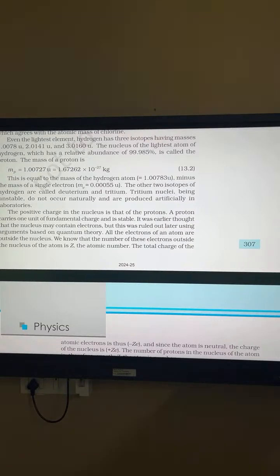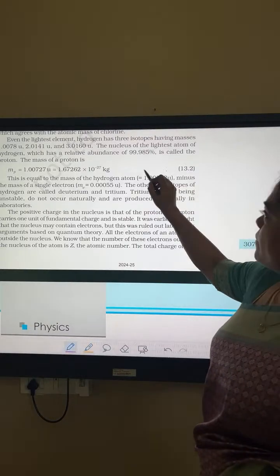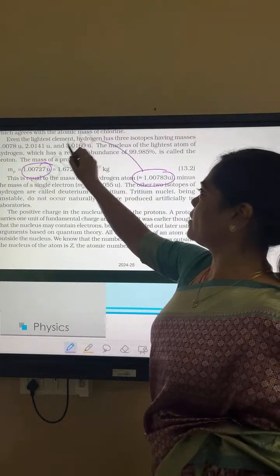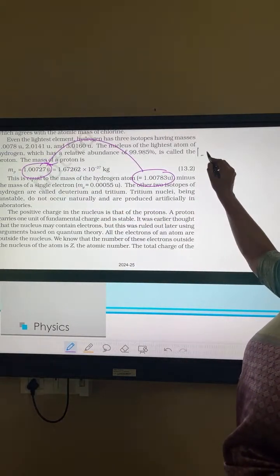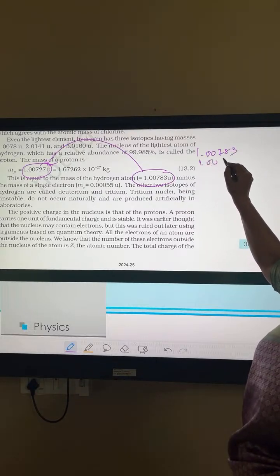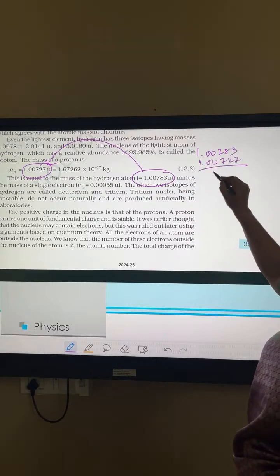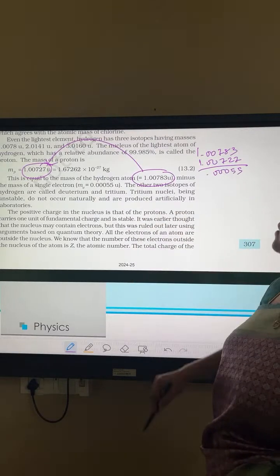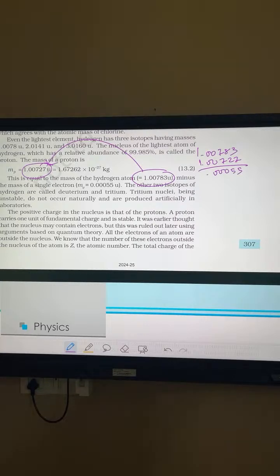You are just subtracting this. This is the mass of a hydrogen atom. This is mass of a proton. You can subtract these two. 1.00783, 1.00727. So you will be having 0.0055. Clear or not? So we can easily calculate this.